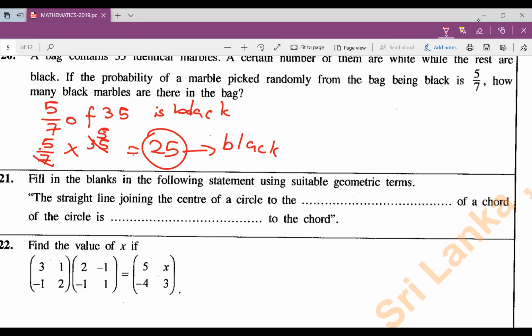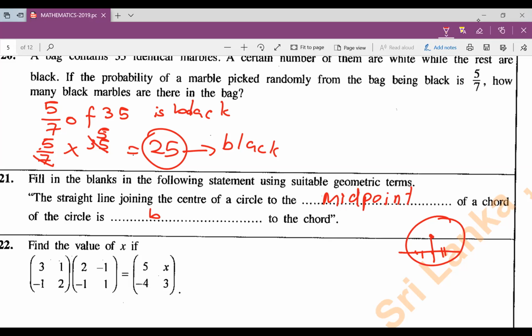This is about the chord and the midpoint theorem. If we join this midpoint and the center, that line will bisect the chord.